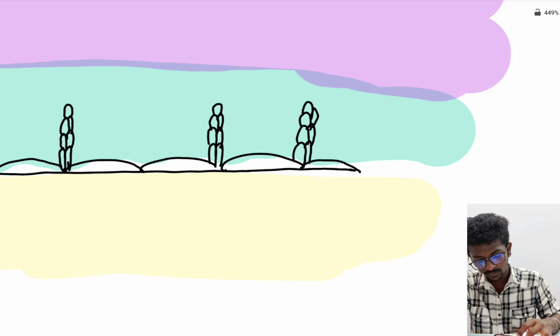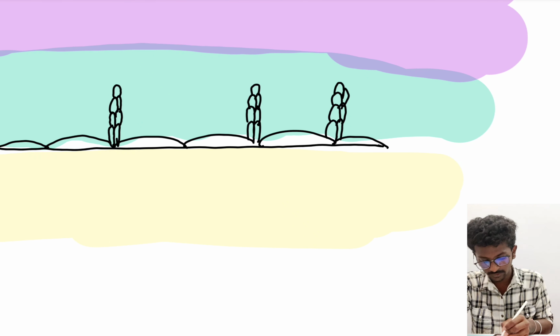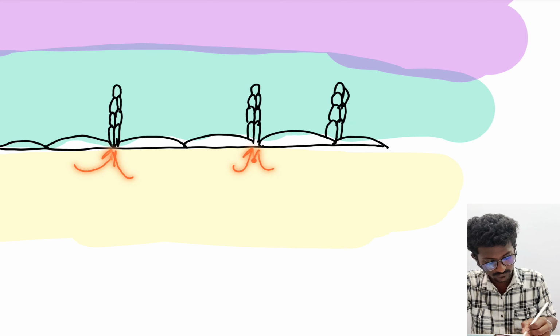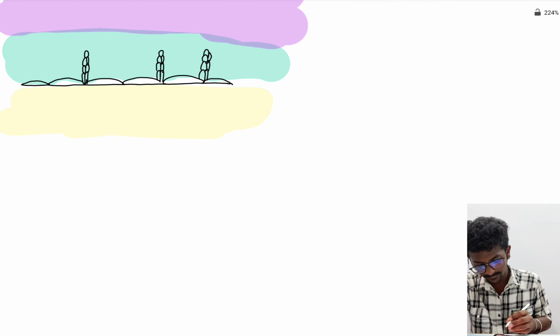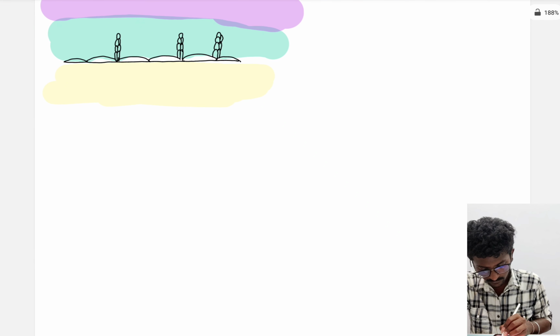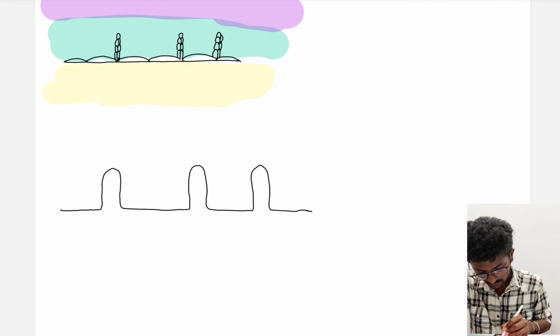Now what will happen in the next step? The somatopleuric extraembryonic mesoderm shall invade inside these finger-like projections, and now the structure shall look like this. These are the cells of the cytotrophoblast.